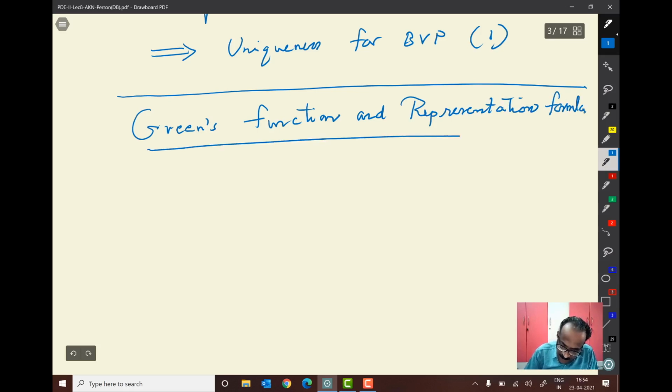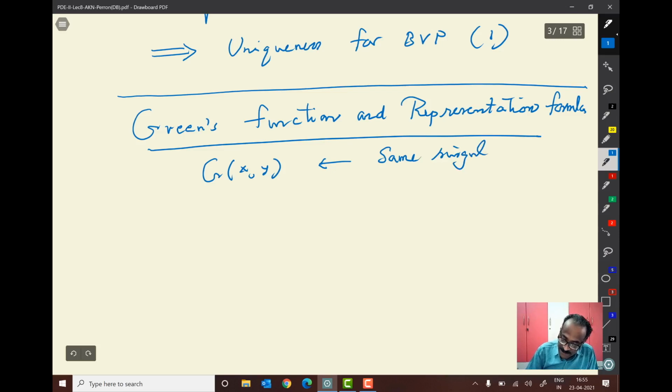So Green's function we have introduced as a two-variable function G(x,y), with the same singularity as the fundamental solution, the same type of singularity.